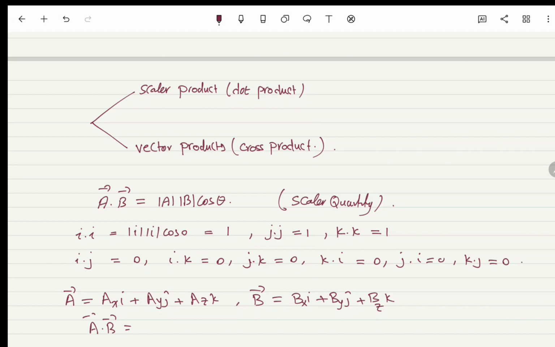So when you dot product two vectors, you only multiply i with i, j with j, k with k, and remember the result is a scalar quantity. So it should be equal to ax bx plus ay by plus az bz.